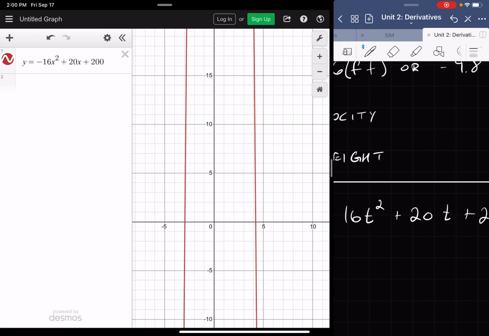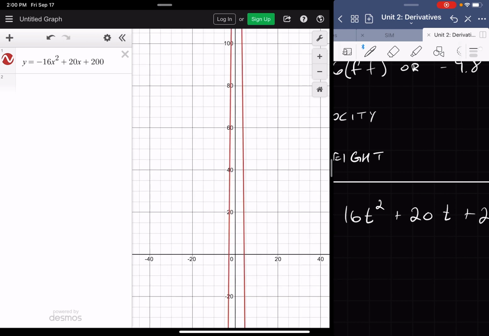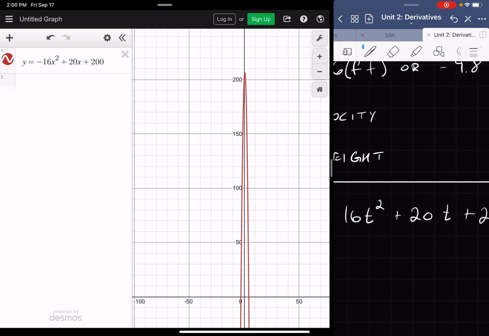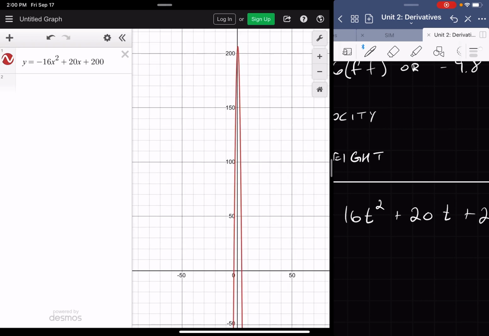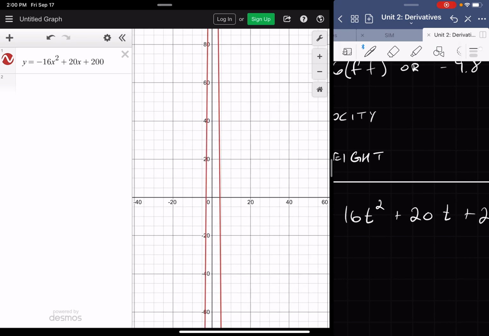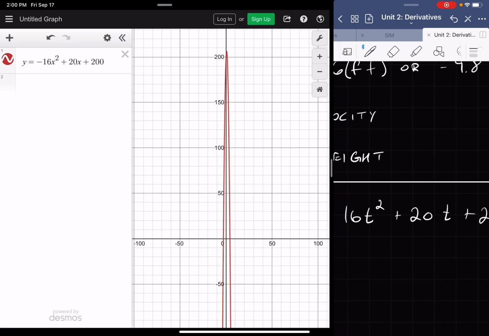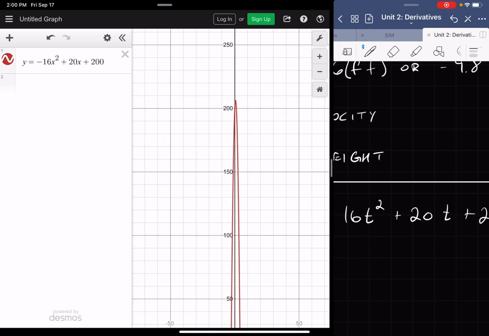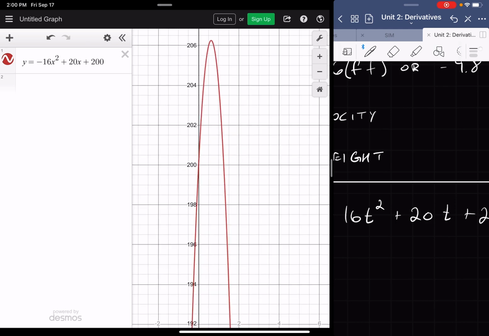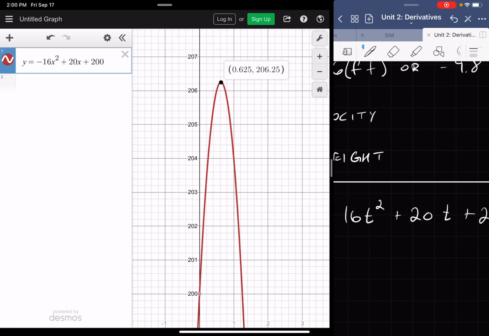But how you would do it here is, if you want to know the max height, that's the top of this graph. That occurs at t equals 0.625.